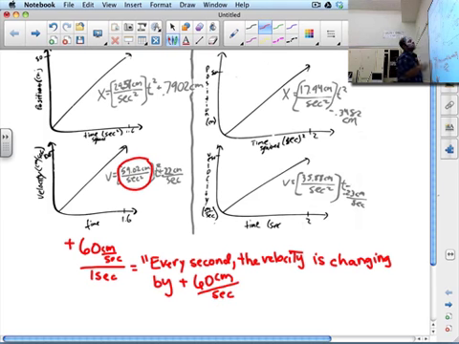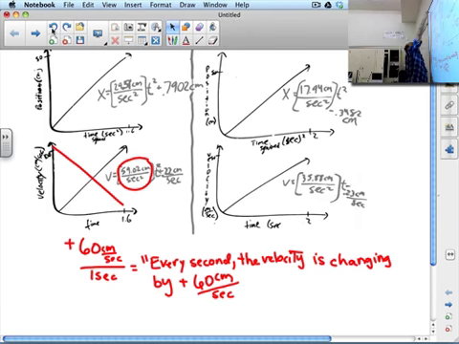It would be possible to have a graph with a negative slope. It would be the same thing, except this would be sloped down and that would be a negative. But in this case, we got a positive slope on our velocity time graph. So we have a positive change in velocity that's happening each second.